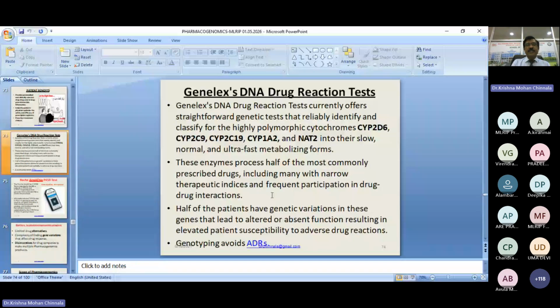And the Genelex DNA drug reaction test. So now there is a question: how to check my body genome picture, or at least the CYP2D6 metabolism pattern.